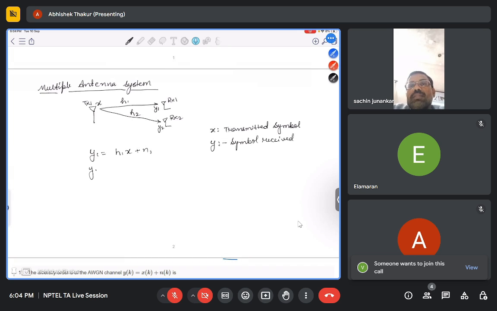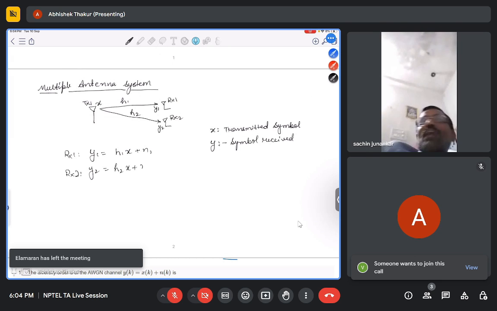The symbol received by receiver 2, that is RX2, will be Y2, which is given as H2 X plus N2.